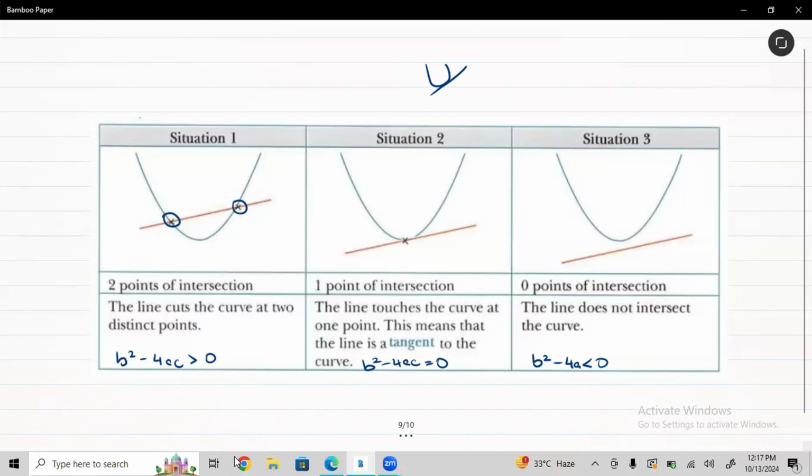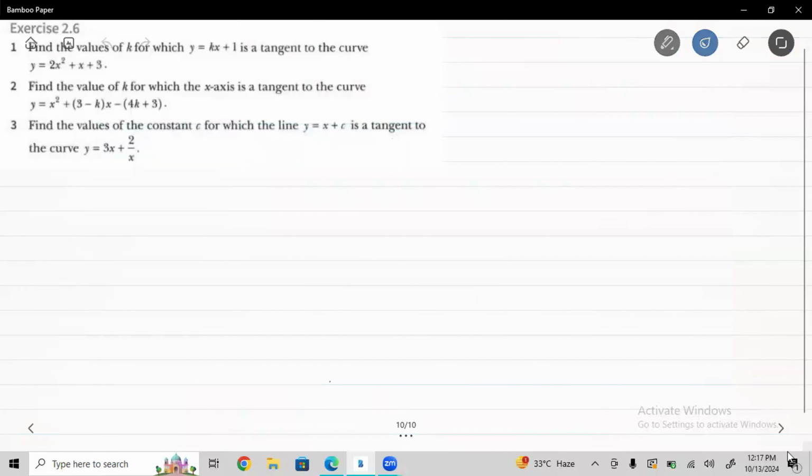We all know that, but still, I wanted to tell you this because it's going to be really helpful as we solve exercise 2.6. So that's all we need to know as a background. We're going to solve it.